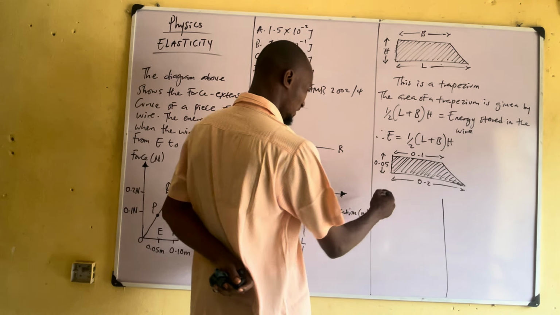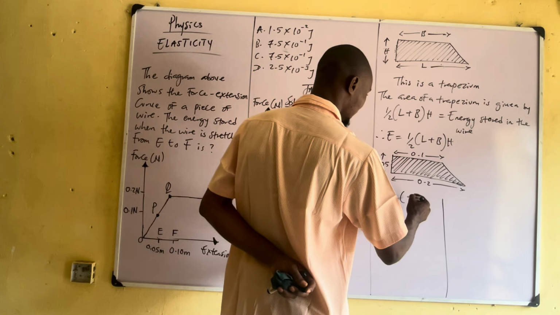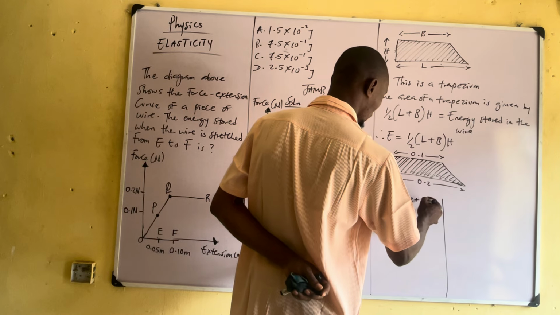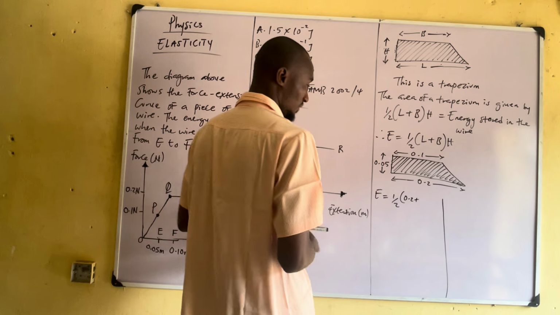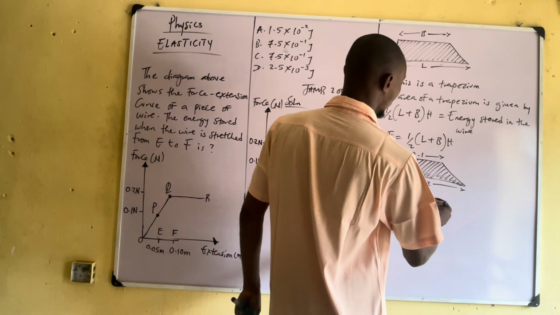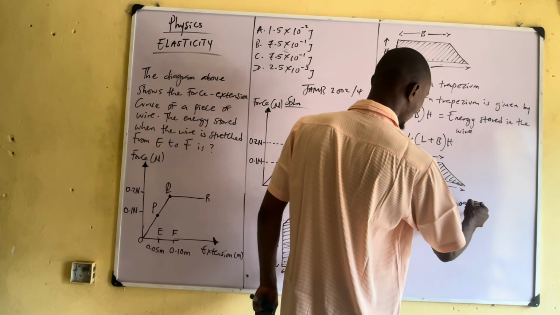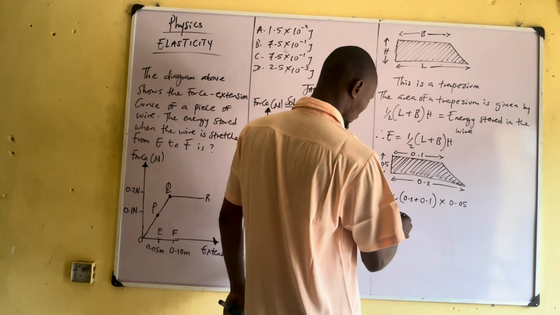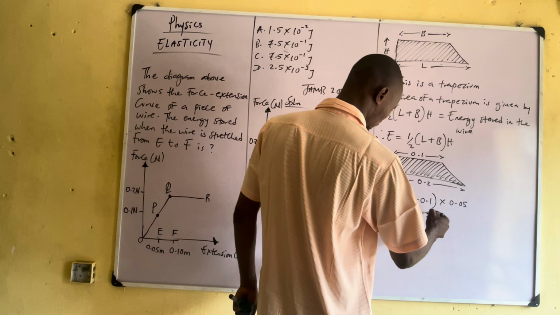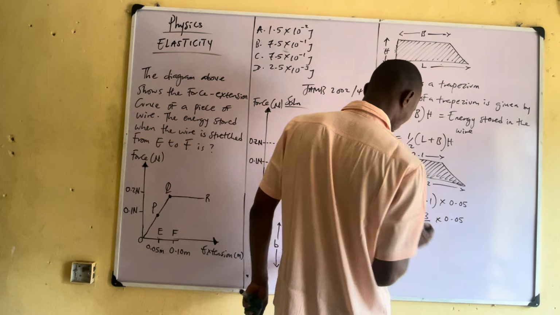So E now is equal to 1 over 2 bracket, length is 0.2 plus breadth 0.1, times height 0.05. So E is equal to 1 over 2 times 0.3 times 0.05.